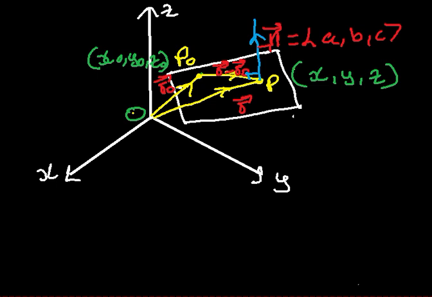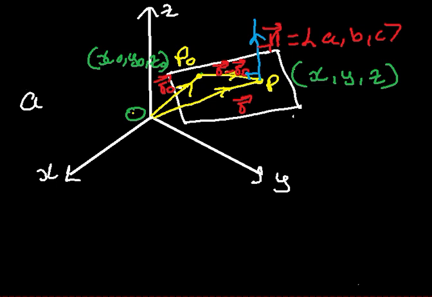Now from here we can come up with the equation of a plane. Now how should you have the equation of a plane in this way? The fact that these two vectors are perpendicular, or we say they are orthogonal, then this principle will be true. Mind you, if we have two vectors, let's say a vector A and a vector B, and they are perpendicular, then their dot product has to be equal to 0, and that is true for perpendicular vectors.